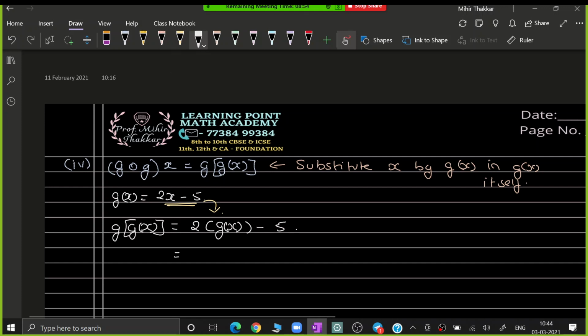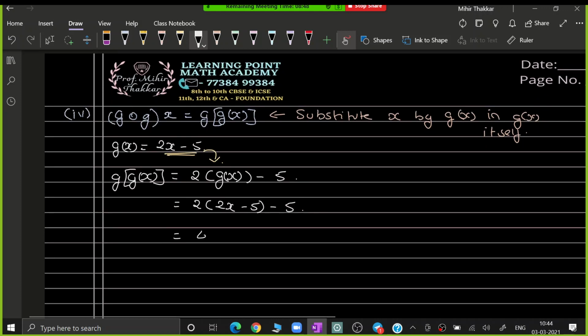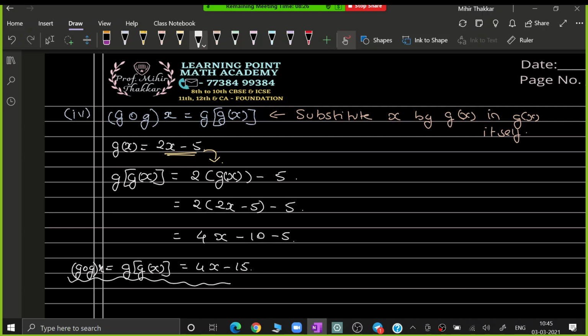So you should get it as 2 into bracket 2x minus 5 and minus 5, giving us 4x minus 10 minus 5. Ultimately, it becomes 4x minus 15 as our required value of g of gx, or you can also write it as GOGX. It's completely your choice. As per the question tells, you can write the answer.